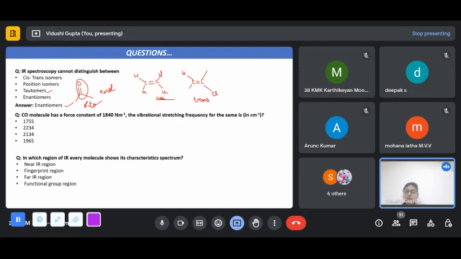You know the formula also, right? How can we calculate the vibrational stretching frequency? The formula is nu equals 1 by 2 pi root of k by mu. Just put in the value of the force constant.